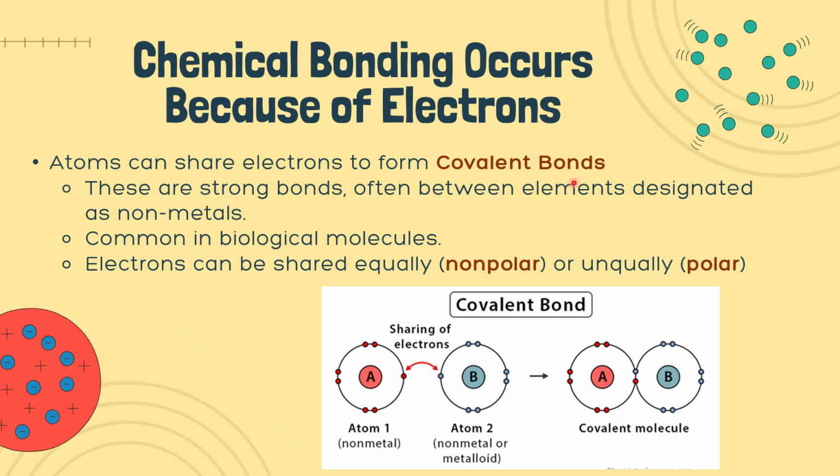So usually covalent bonds form between non-metals, and these are very, very common in biological molecules because we have carbon often bonding to oxygen, nitrogen, sulfur, phosphorus, hydrogen, and all of those are what we call organic molecules. And so when we're looking at those, those are all nonmetals. And the sharing of the electrons between all of them creates those strong, strong covalent bonds.